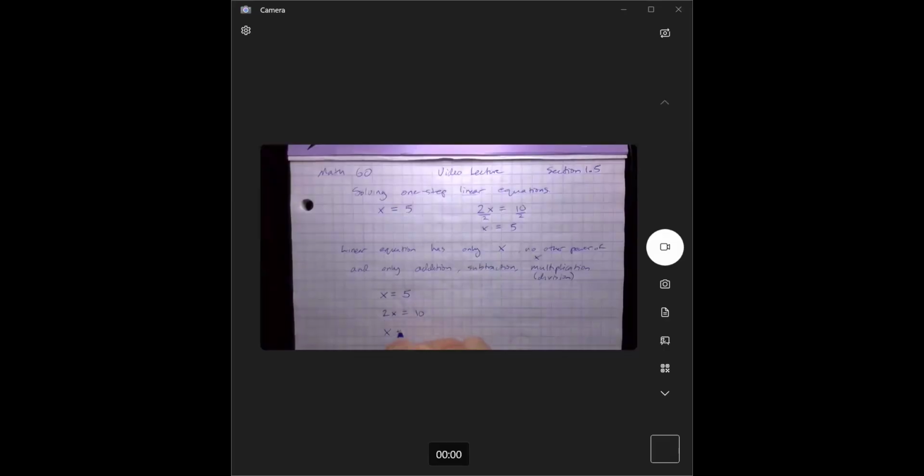I can have x plus 3 equals 13. This is linear because it only has an x, and the only operation is addition. By the way, all three of these equations are equivalent, almost. This one is not. Never mind, these two are the same, but this one is not.